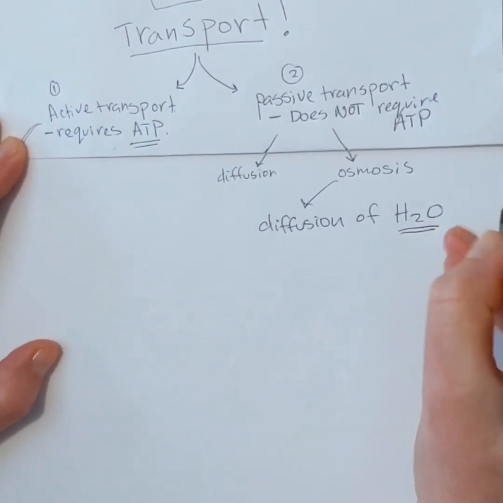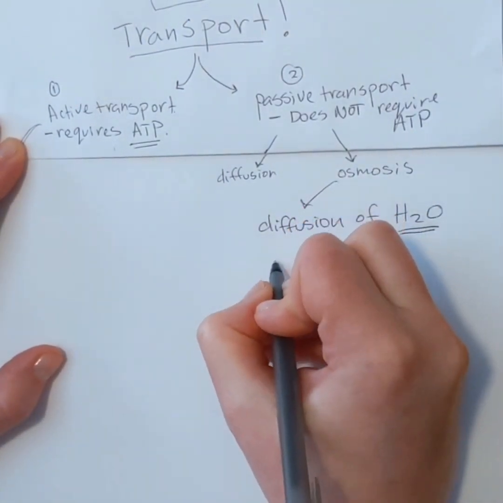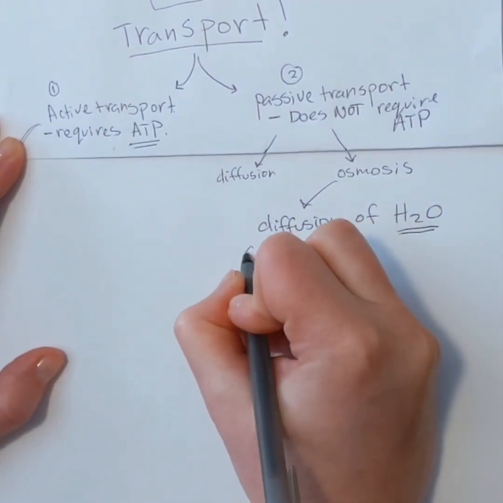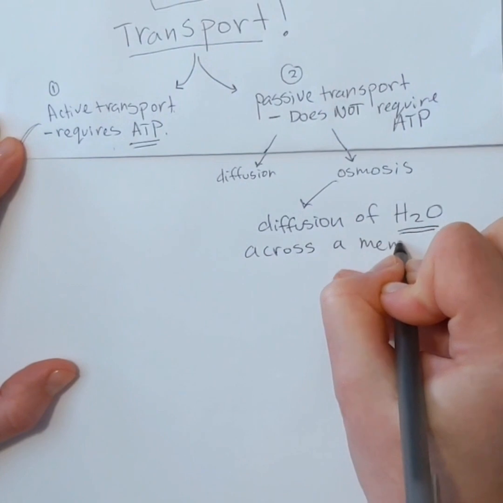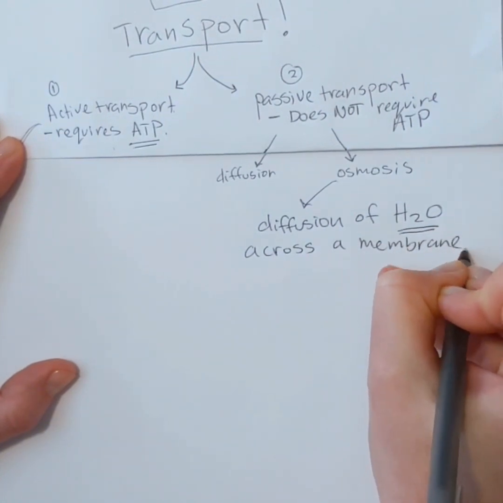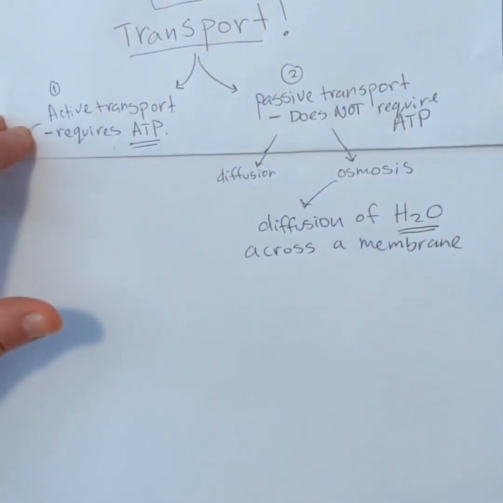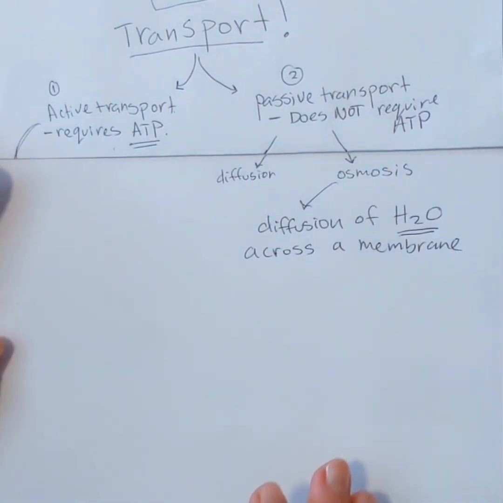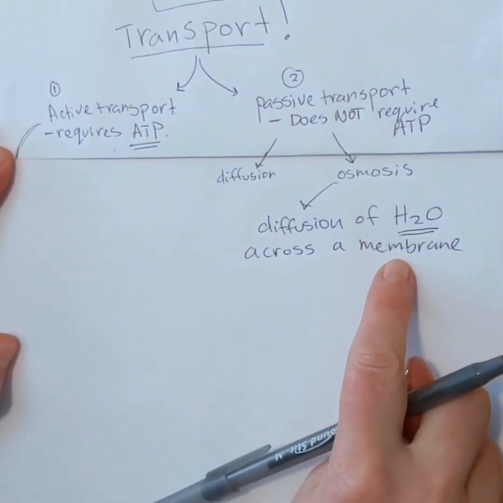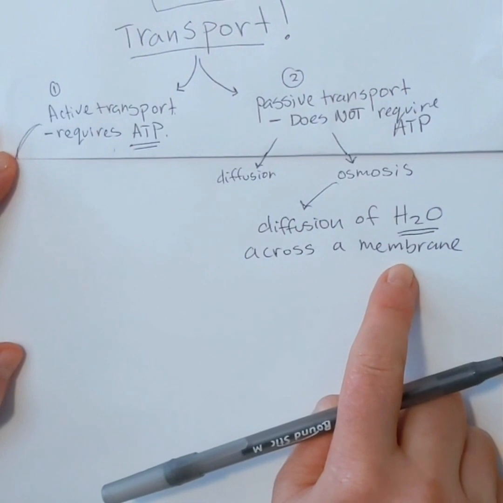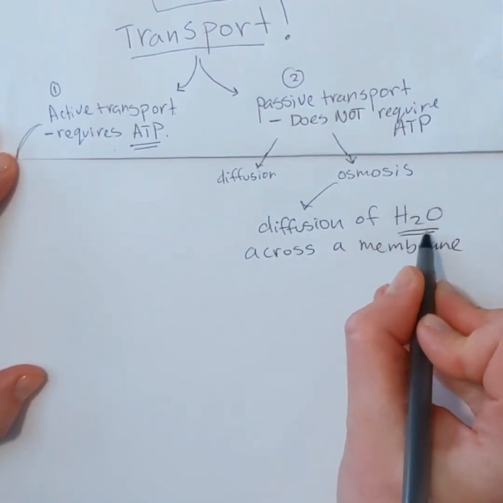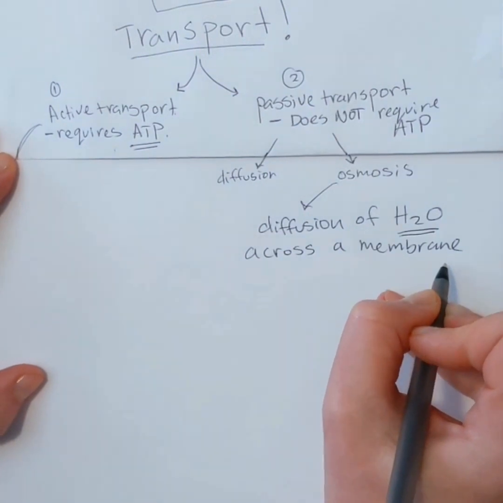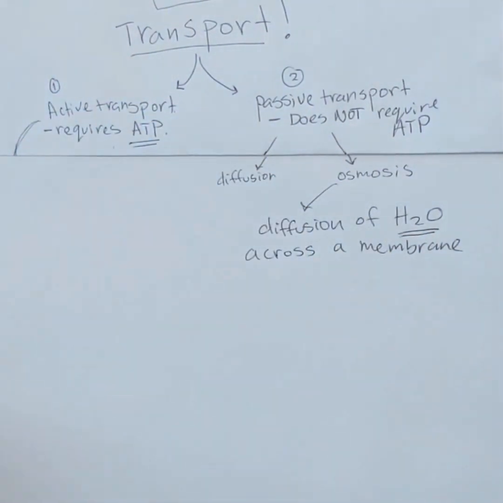Water is the only thing that moves, and it is always going to go across a membrane. Sometimes the membrane is dialysis tubing, so it's man-made. Sometimes it's a cell membrane, or a plant, or a fungus. But whatever it is, it's the movement of specifically water across the membrane. So that is osmosis for us.